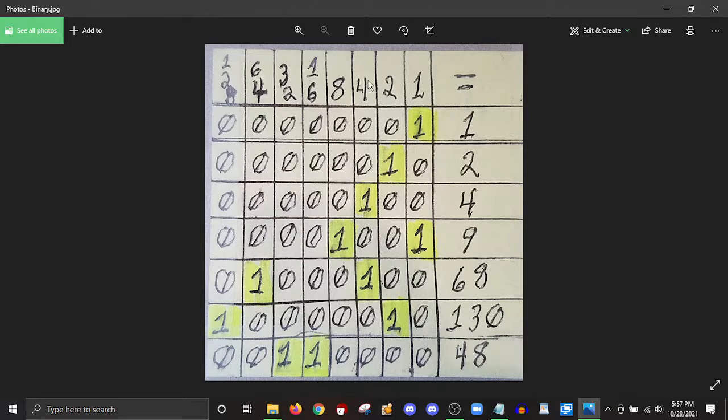The next bit to the left is worth double that again, or 4. The next bit left is double 4, which is 8. Double 8 is 16. Double 16 is 32. Double 32 is 64. Double 64 is 128. Okay, and that's as far as you go.